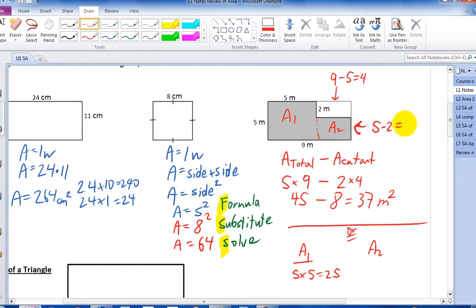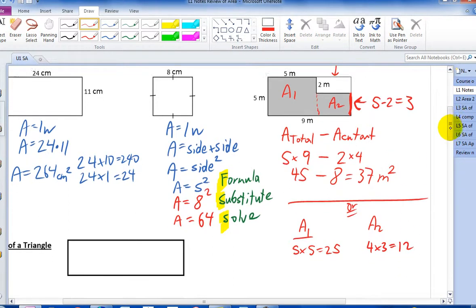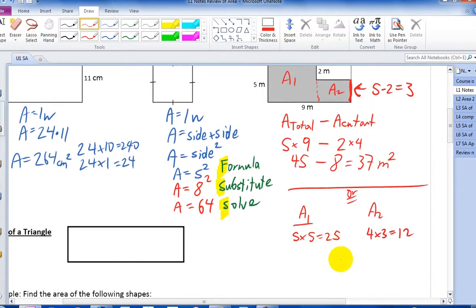Minus 2, which equals 3. So I'm just finding this line here. Okay. So area 2 would be 4 times 3, which would be 12. And then you'd add them up. Okay. And so you'd be 25 plus 12 equals 37 meters squared.